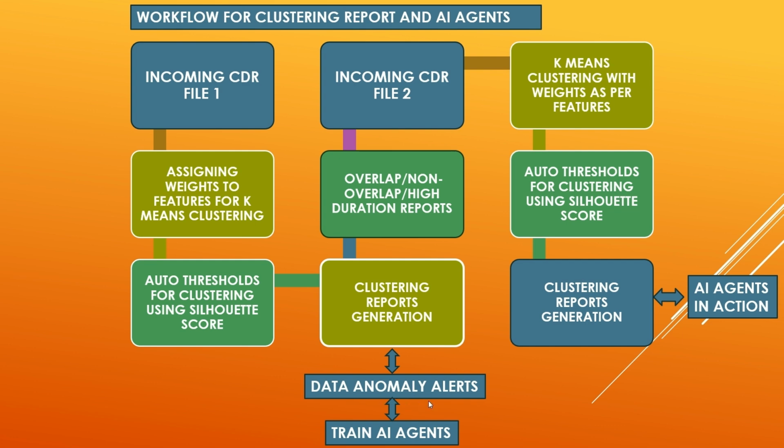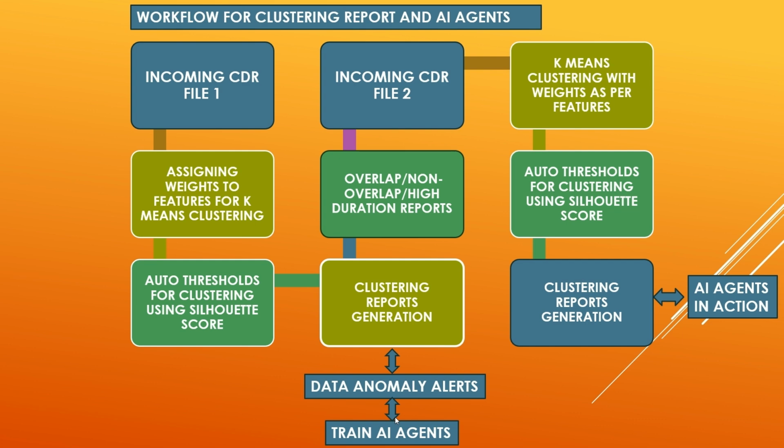So if the threshold has been breached, and I have used the same data science functionality of auto threshold using quantile as a function, we will be using the top 2% or 1% as per our business problem. Those records should qualify, and if they do, the data anomaly alerts will fire, and the records caught in these alerts will be given to AI agents to train upon.